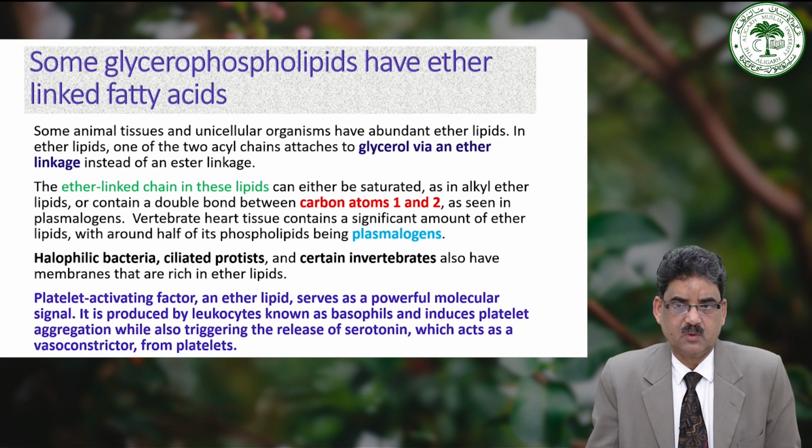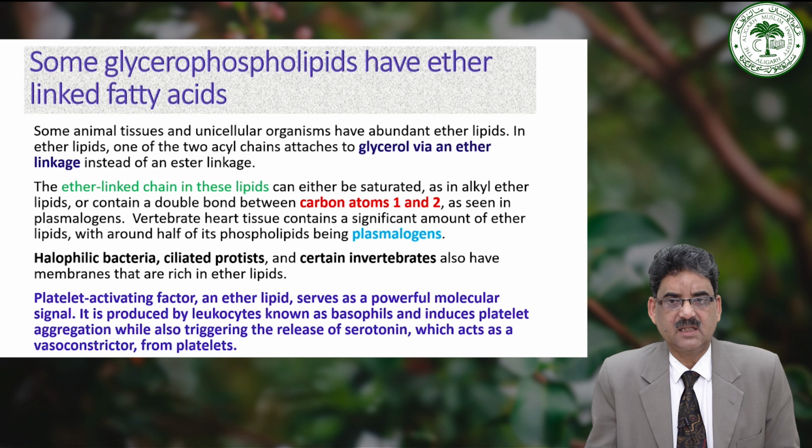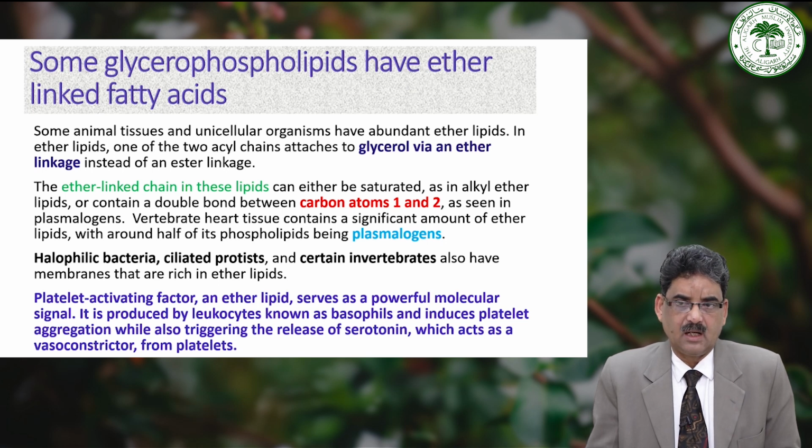Vertebrate heart tissue exhibits a distinctive abundance of ether lipids, with approximately half of its phospholipids being plasmalogens. Similarly, membranes in halophilic bacteria, ciliated protists, and specific invertebrates also display elevated levels of ether lipids.